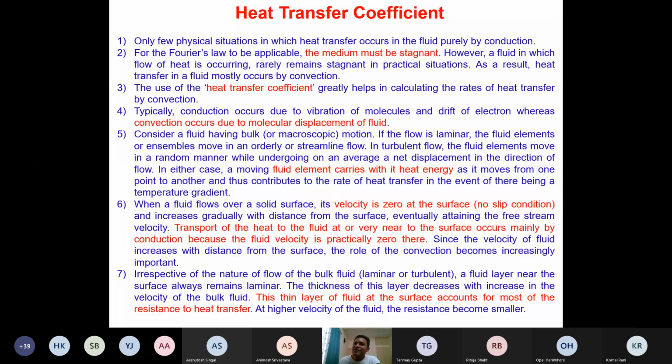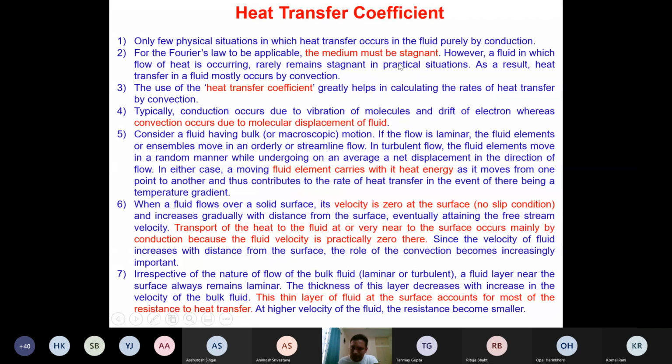But such things never happen in real practical situations, where heat transfer also takes place with the ambient air outside.